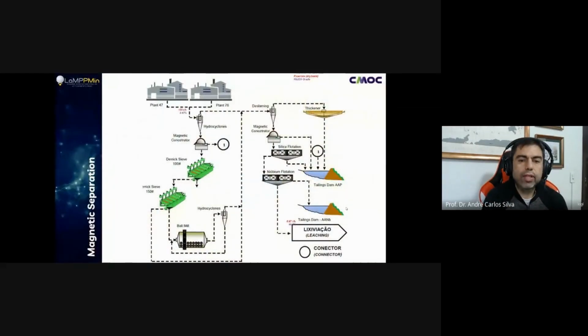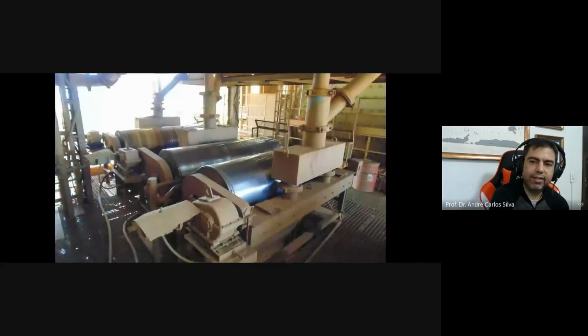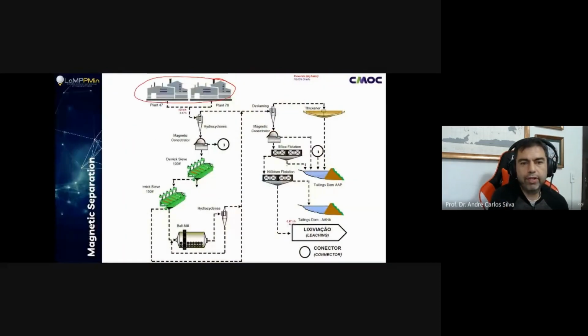So that's the flow chart of one of the plants that we have, but this one is back to niobium. So those plants over here are actually this plant in here. We have two, 47 and 76. So I'm showing you one picture, for example, of the 47, this one.